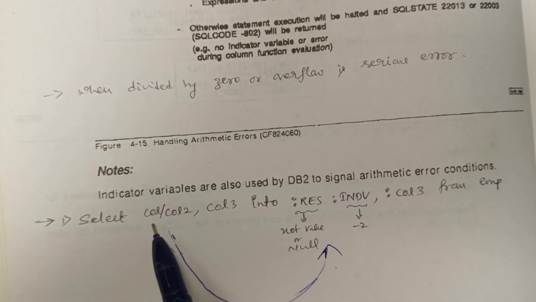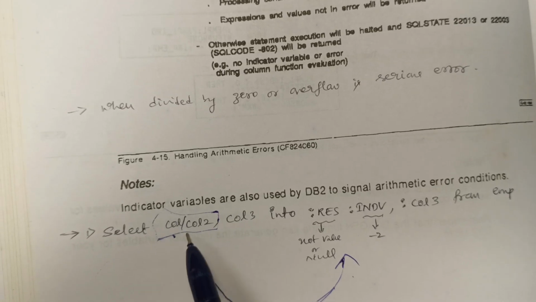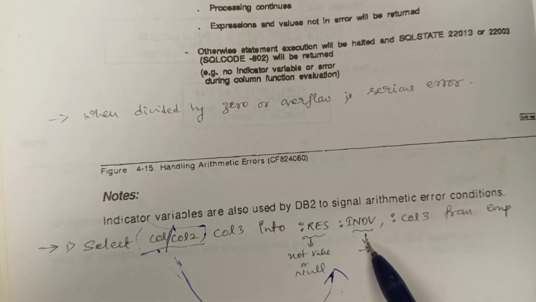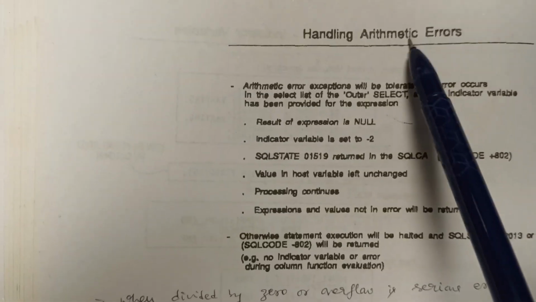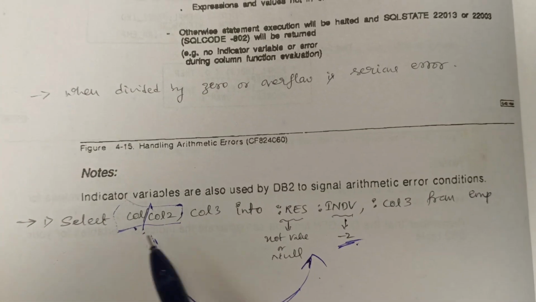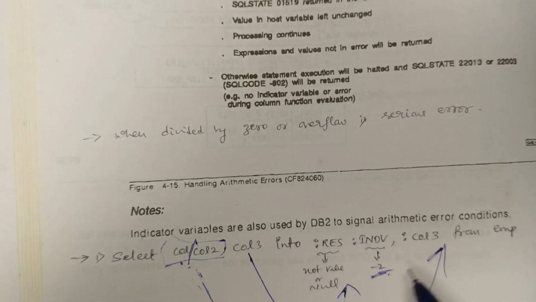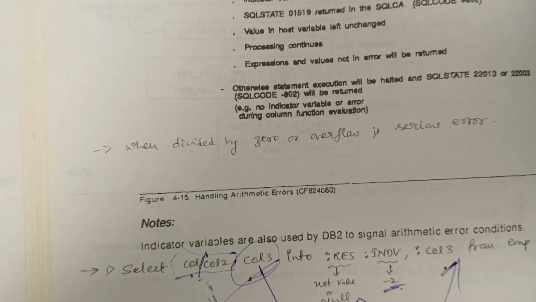Because I am doing some arithmetic calculation here, with a slash, which is division, the null indicator field will have the -2 value, because you are doing arithmetic calculation with the column name. But if you see column CO3, I don't have any indicator field, because I am not doing any arithmetic conversion here.